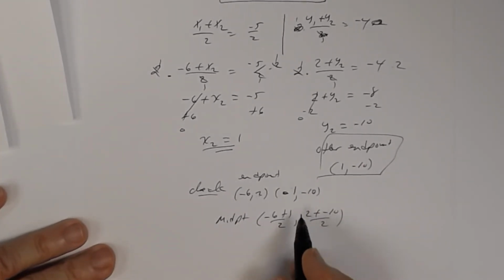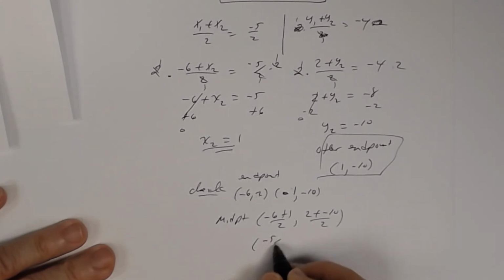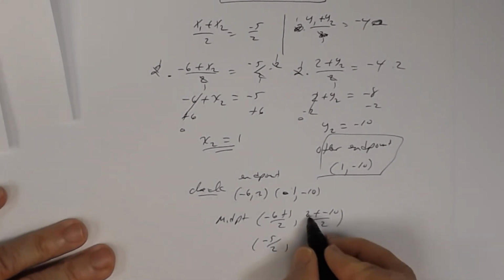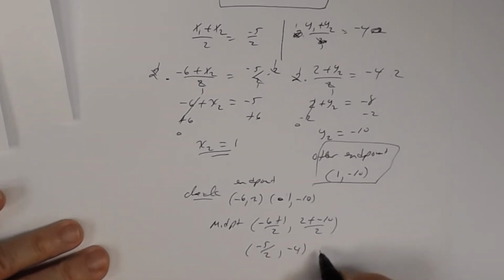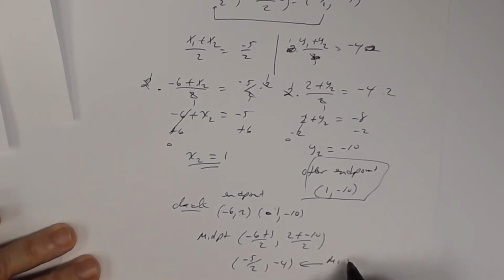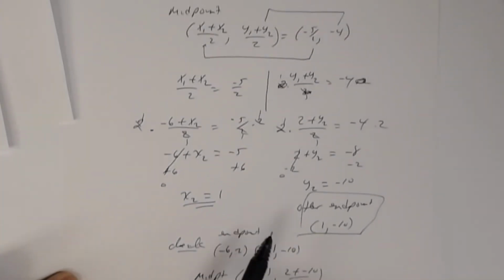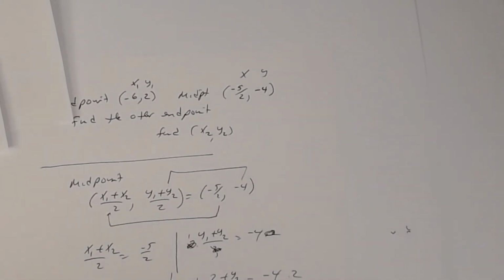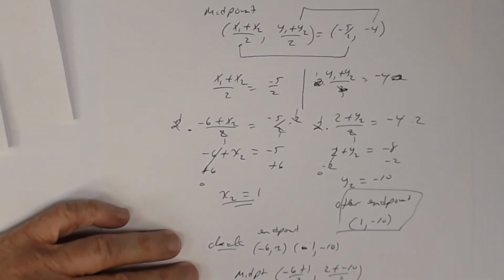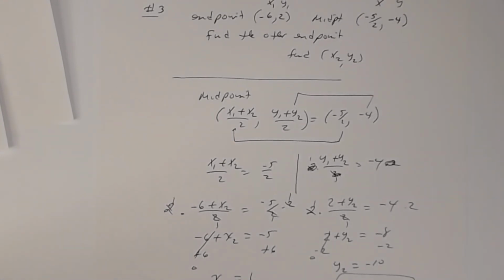Well, negative 6 plus 1 is a negative 5, so you get negative 5 halves. 2 plus a negative 10 is a negative 8, and a negative 8 divided by 2 is a negative 4. And was that the midpoint that we started out with? Right here? Yes, it was. Okay? All right, so that's all you do. There are a couple of examples like this in your worksheet and also in my math lab.